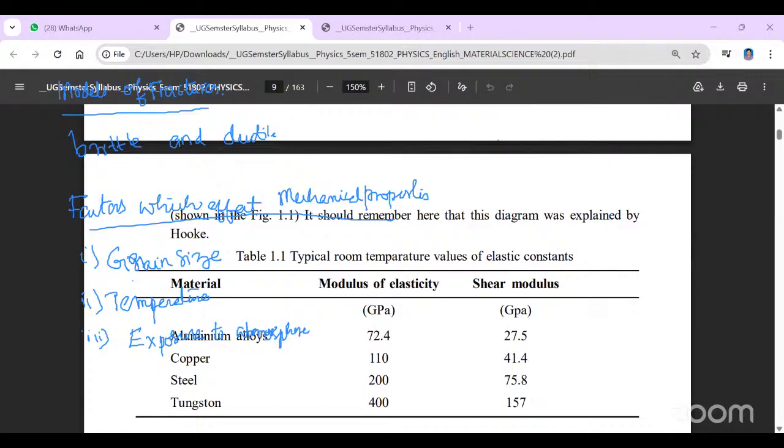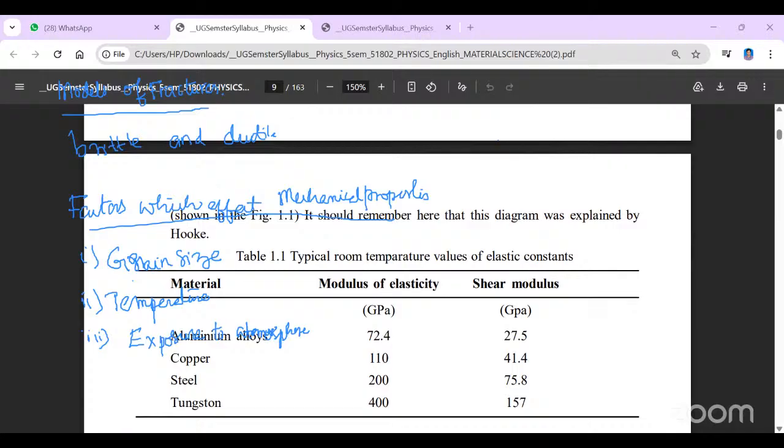The main thing is the corrosive atmosphere conditions; atmosphere exposure will affect the mechanical properties.